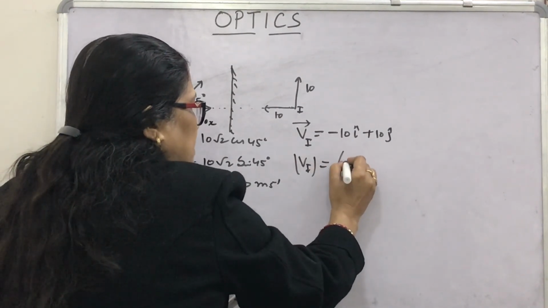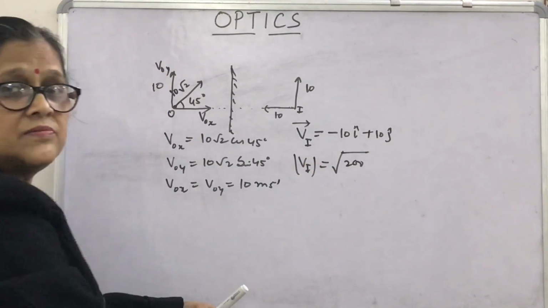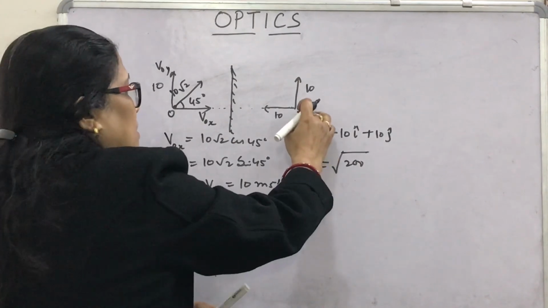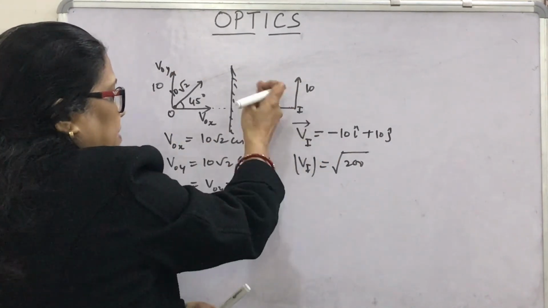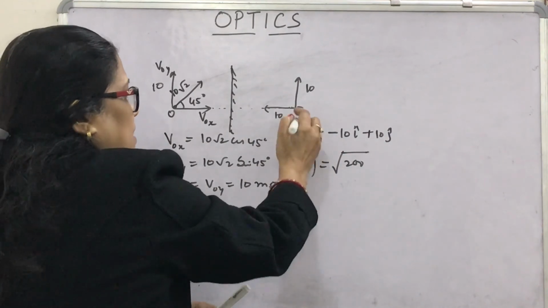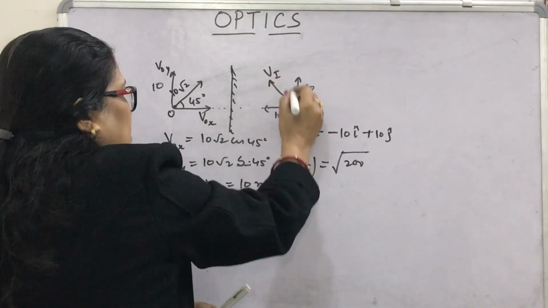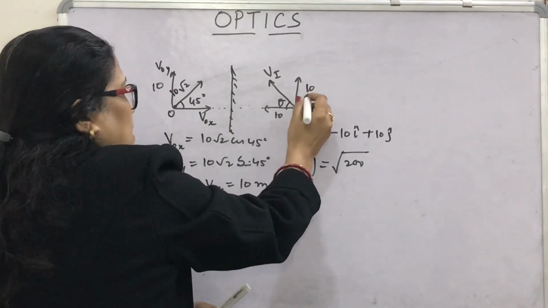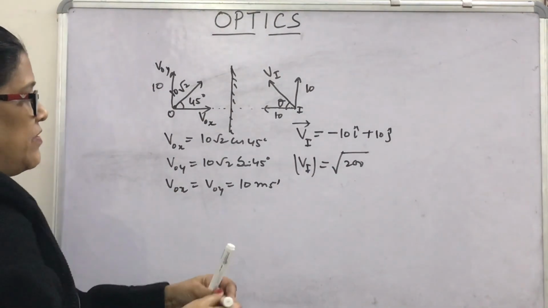Then under root this 10 square and 10 square, that is root 200. And if you are asked to find these components, you will find in this way. This is the net Vi. If it makes angle theta, then you will find this is 10, this is 10. What will be the value you can find?